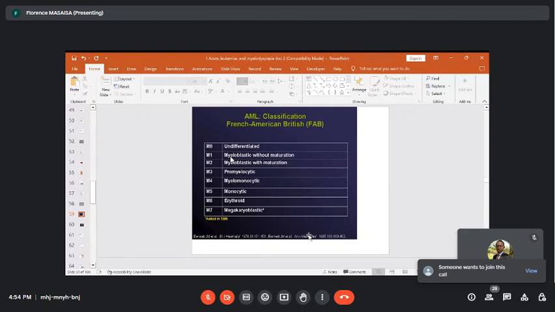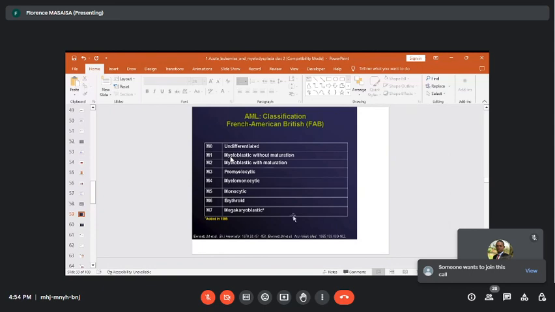But at an early stage, when you say undifferentiated, the myeloblasts may not have visible granules. So to see them, you use myeloperoxidase. When you do the stain of myeloperoxidase, it will show you that there are granules in the cytoplasm. When there are granules, that's when you say, oh, I'm dealing with acute myeloblastic leukemia.